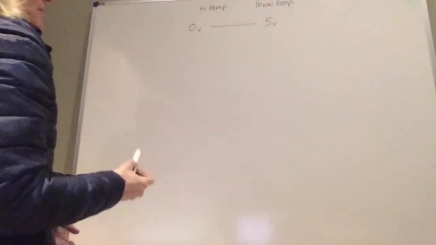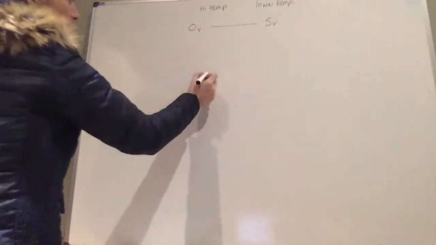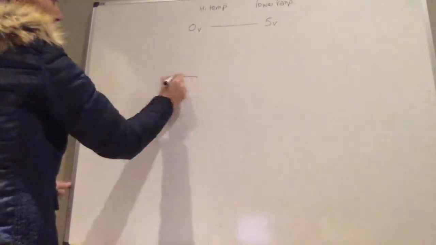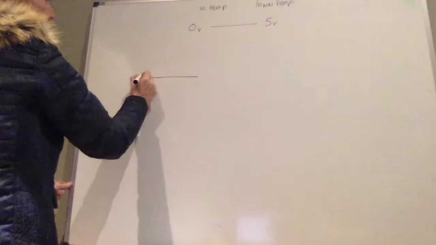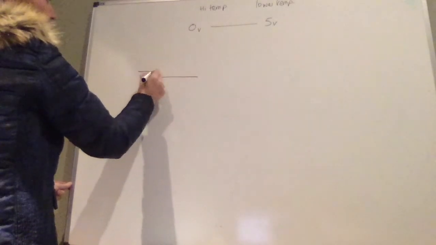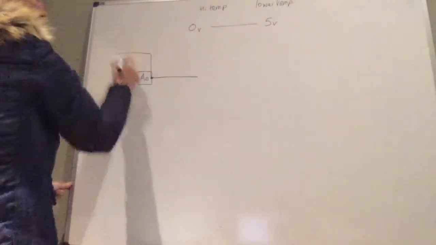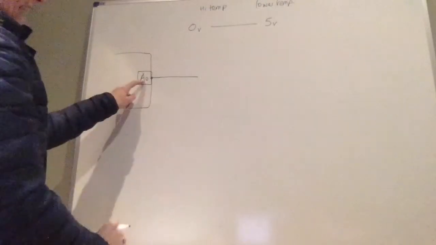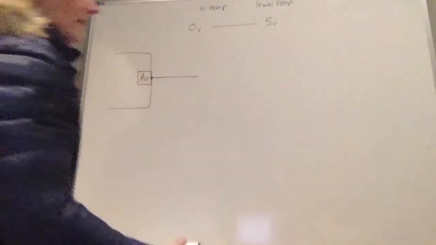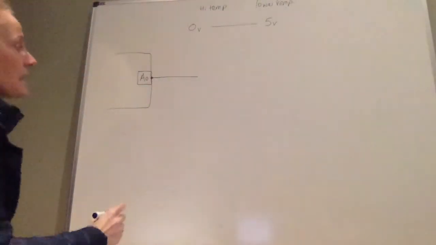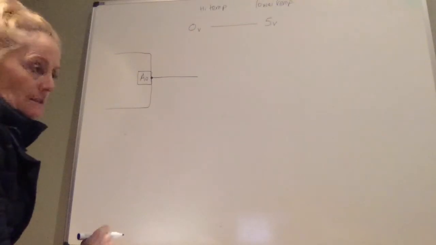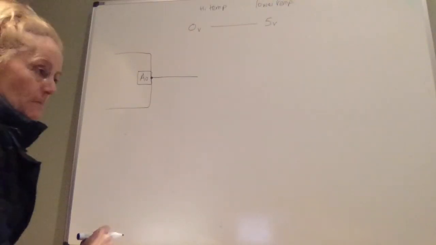Okay, so what we want to do now, remember what was happening. The output from the thermistor circuitry was going into this A0 pin on the Arduino. Now that is known as an analog input. And the way the Arduino works is, it represents the analog input as a digital number.